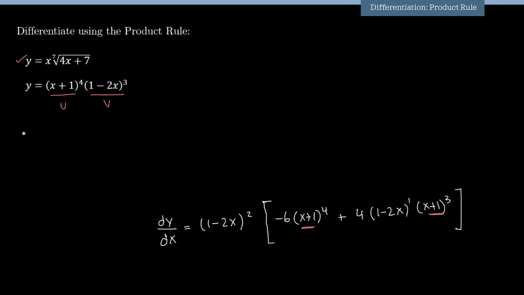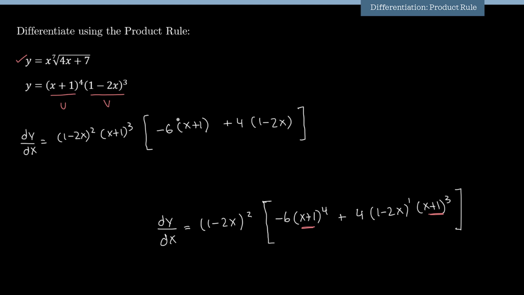So I would get dy upon dx is equal to (1 minus 2x) whole squared times (x plus 1) whole cube times minus 6. If I divide the first term by (x plus 1) whole cube, I am going to get only x plus 1. So minus 6 times (x plus 1) plus 4 times (1 minus 2x).